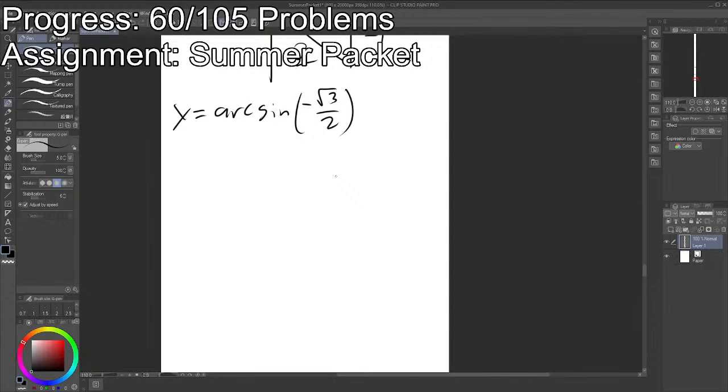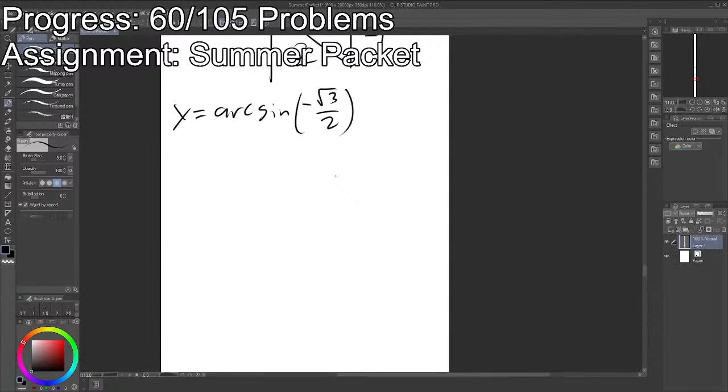Alright, I'll plug this in first. Square root of 3 over 2. Alright, so I got negative 1.047.